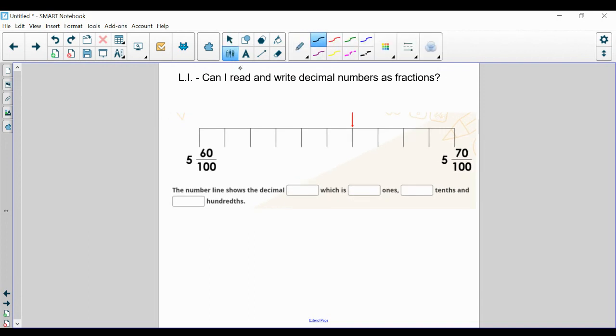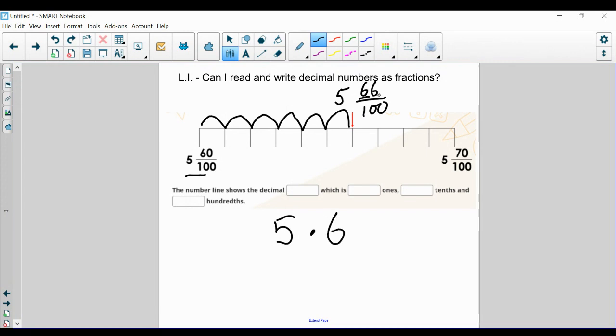Is my pen going to work? Let's have a look. 5 and 60 hundredths. So that means this is going to be 61, 62, 63, 64, 65, 66. So this is 5 and 66 hundredths. Therefore, as a decimal, 5 point 6 tenths, and 6 hundredths. Yeah, there we go.